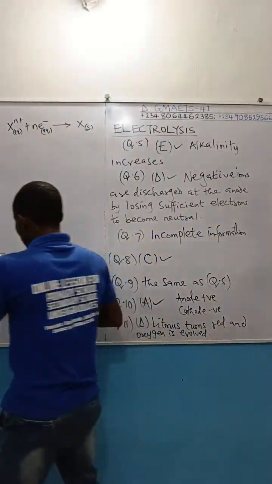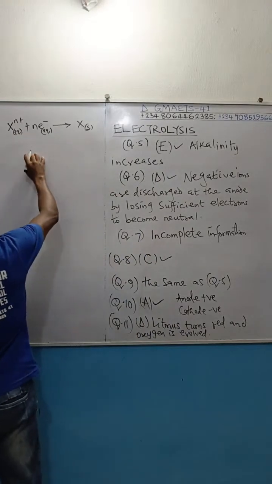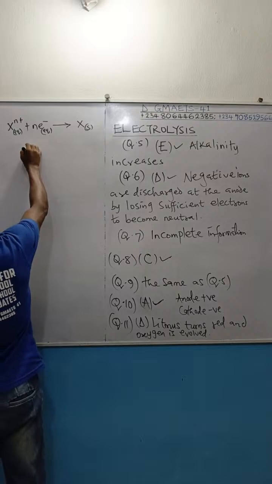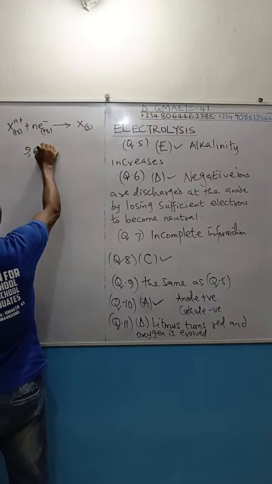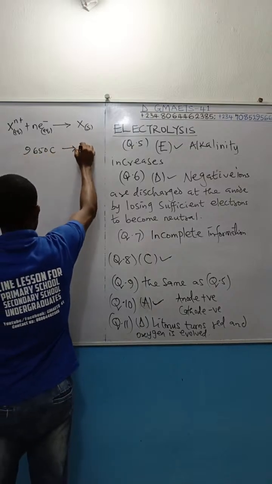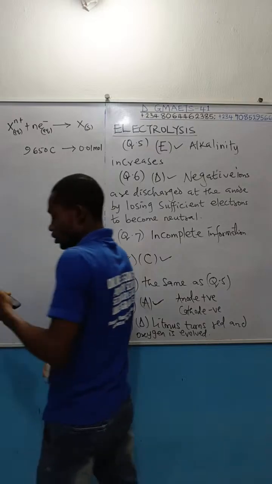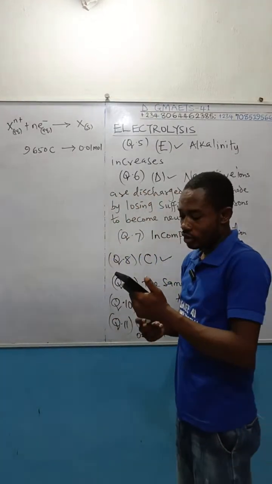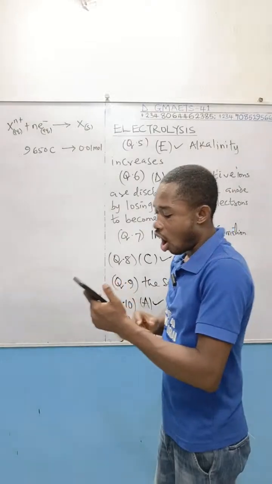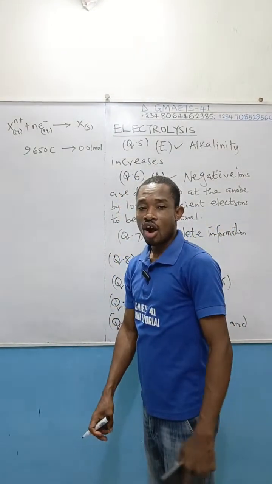So from here, we are told that when you passed a quantity of electricity, 9,650 coulomb, it deposited 0.01 mole. Determine the valency of the metal.